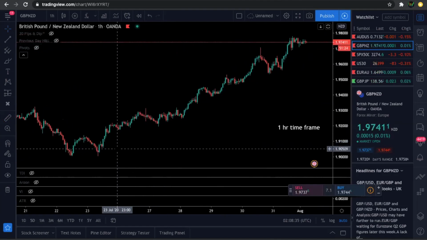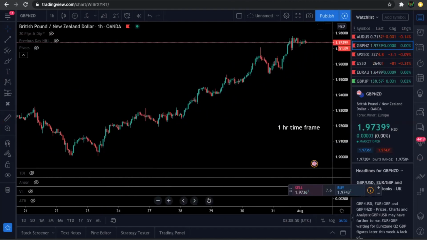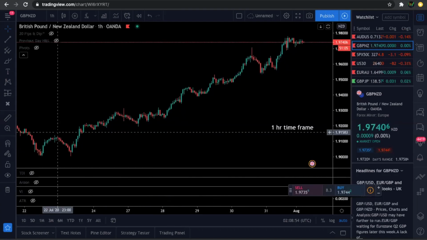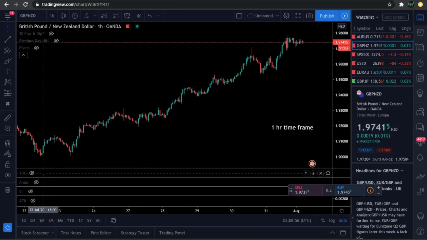So this is the Great British Pound versus the New Zealand dollar. I don't want you guys to get too mixed up with the currencies right now. Just think about what you're seeing on the chart. If you haven't noticed, on a 1 hour time frame, price has been continuously going up.